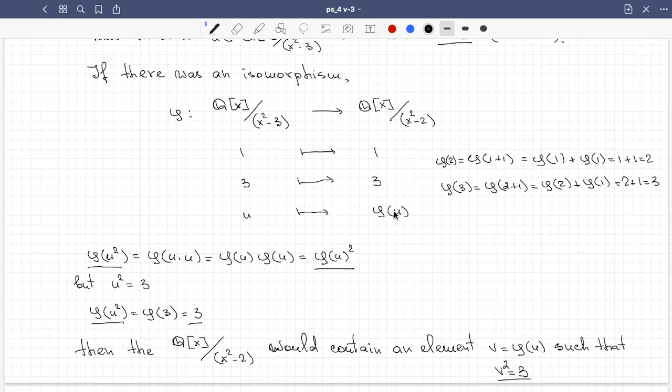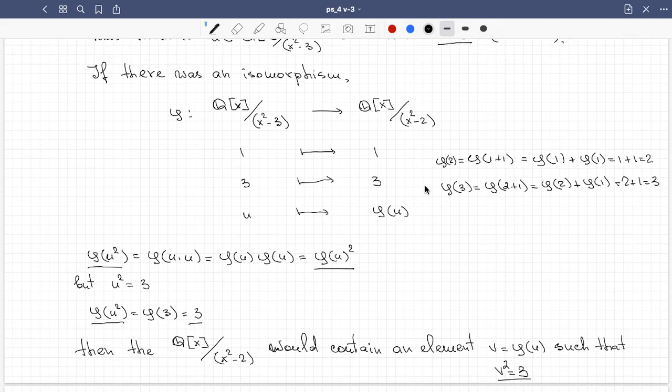One may argue from the very beginning, what did we do? In this field, the polynomial x squared minus 3 has a root. What we proved, this same polynomial does not have a root in this field. That alone would not be a completed argument.